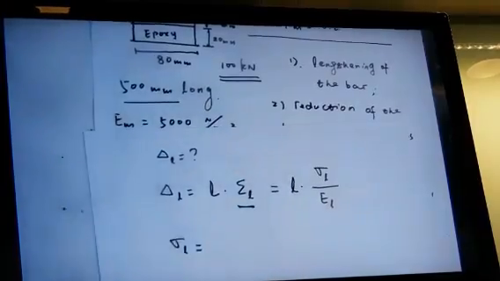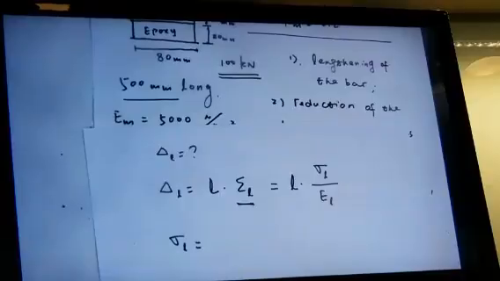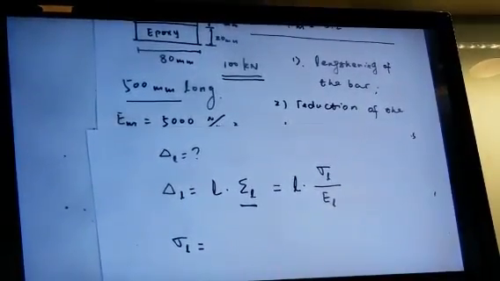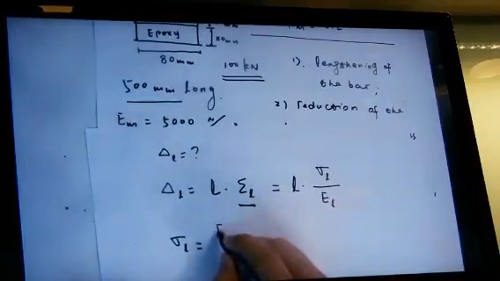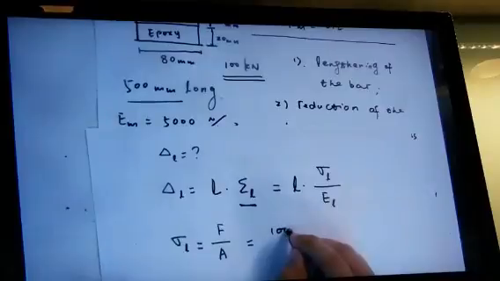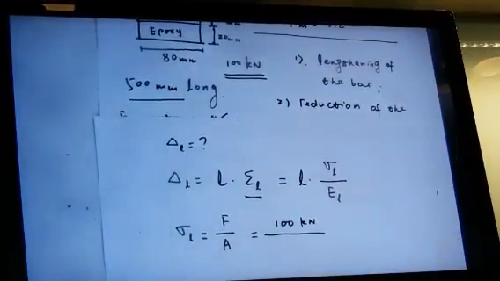Stress along that direction: you are applying a force along that direction. So force divided by area, you will get a stress along this direction, right? Force is 100 kilonewton. F divided by A. A is the area of this cross section.